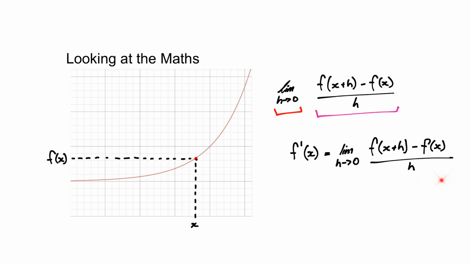This will give us the derivative of any function, and we can use that to find the instantaneous rate of change at any individual point along our function.